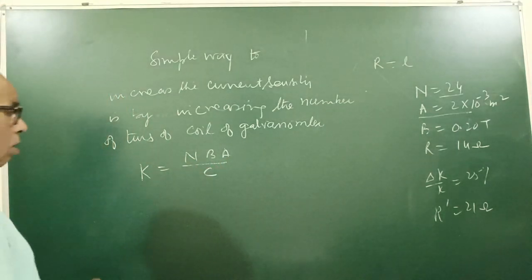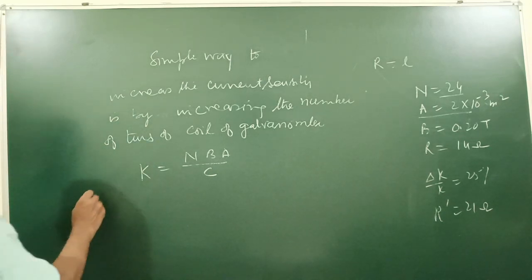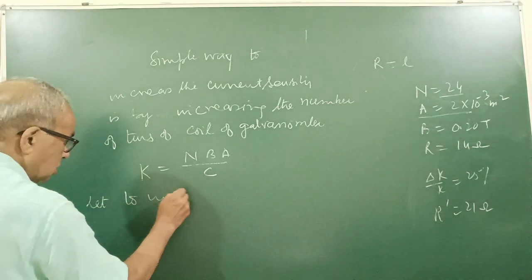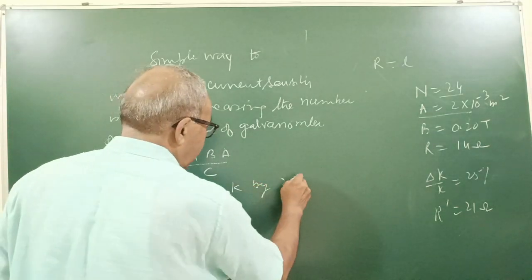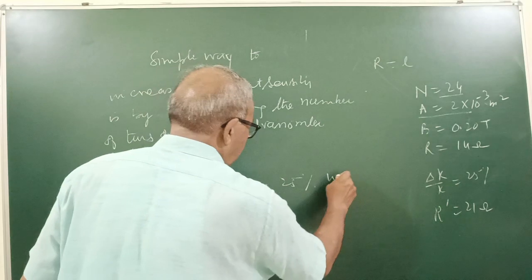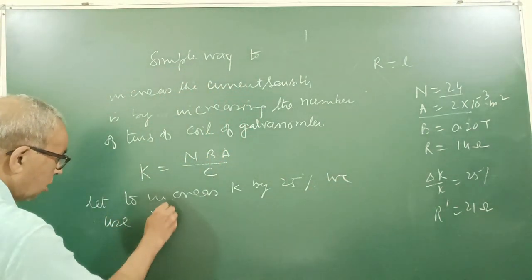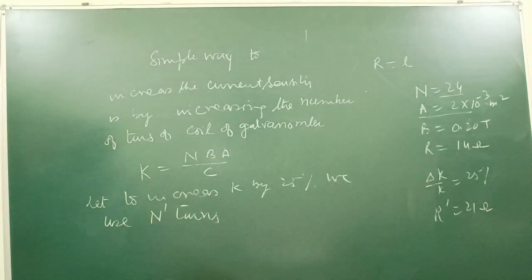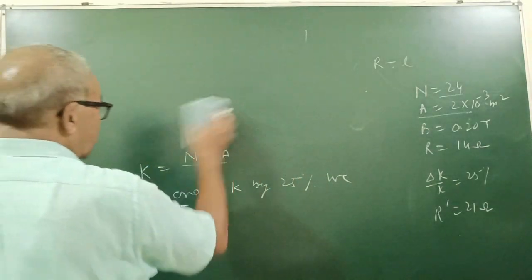So let us increase K by 25%, we use N dash turns. In that case, what will be the sensitivity?